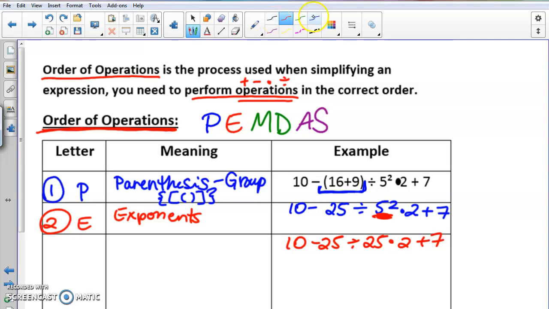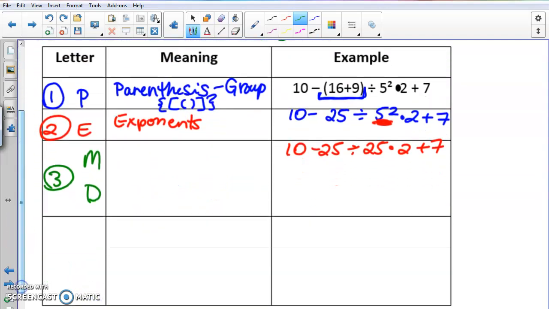Now our next part is M and D. If you notice, I color-coded those as the same color because that's the third step altogether, so it's multiplication and division. So we multiply and divide. And we know which one to do first by saying which one comes first, left to right.